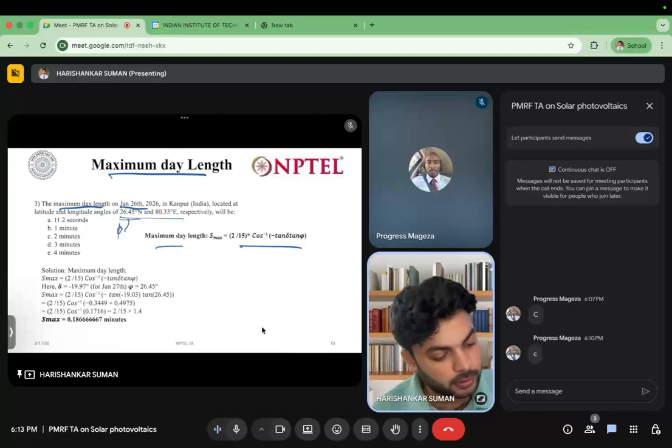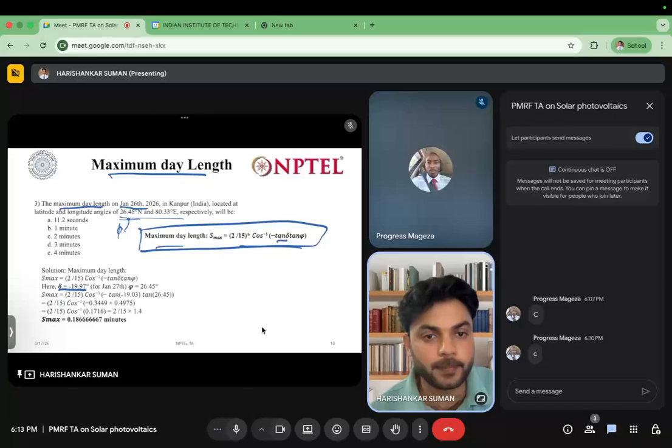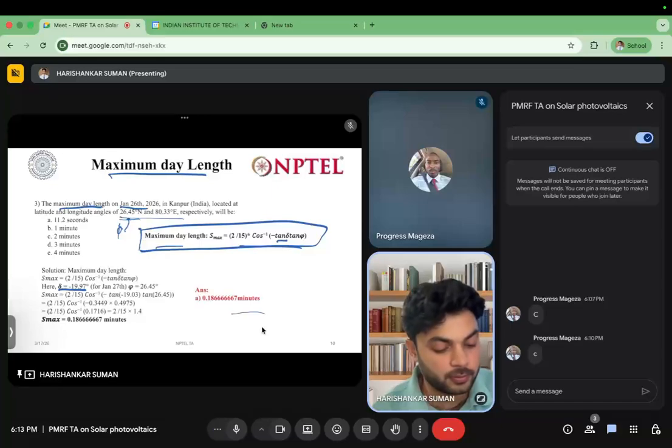We have to calculate delta. For that we have a formula. From there you can calculate. You will find minus 19.97 degree. Then please put this in this equation. So this is the important equation. Please remember. Then you can simply calculate the values.